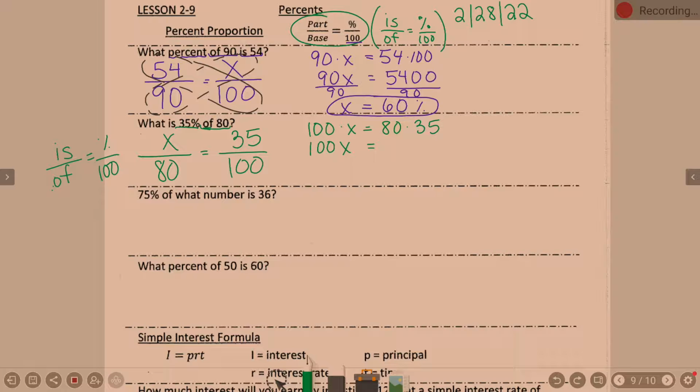And then the next one is 80 times 35, which would be 2,800. Divided by 100. If it's 100 times x, you're not done. You have to divide by the 100. x equals 28, yes, sir.